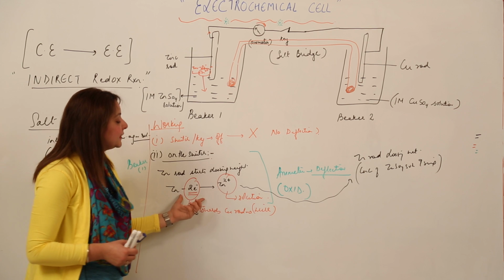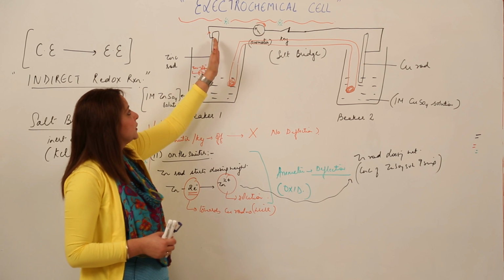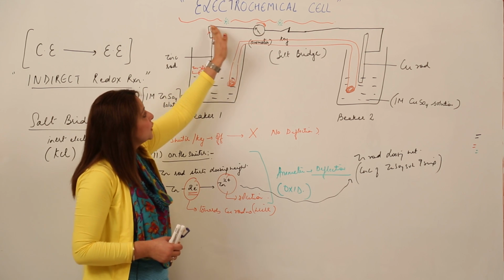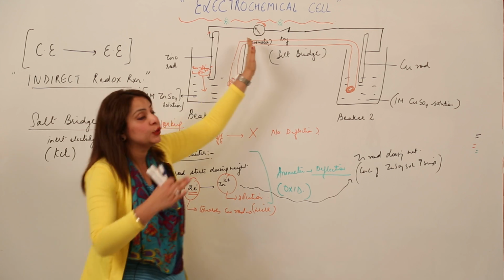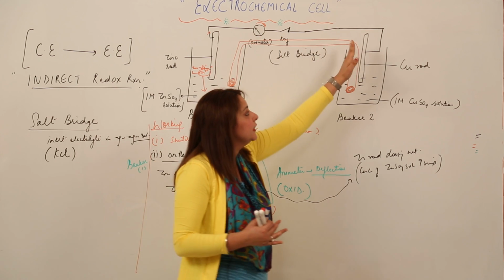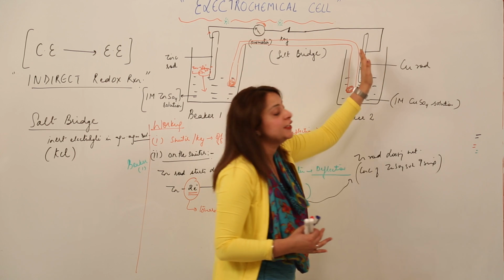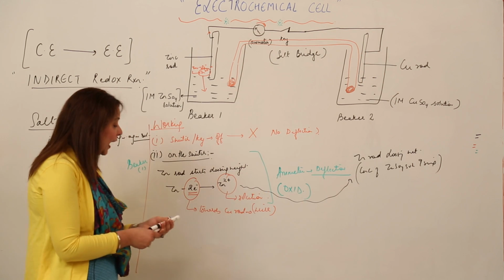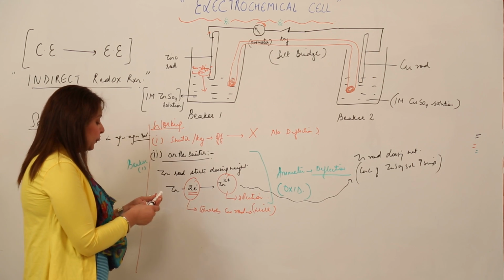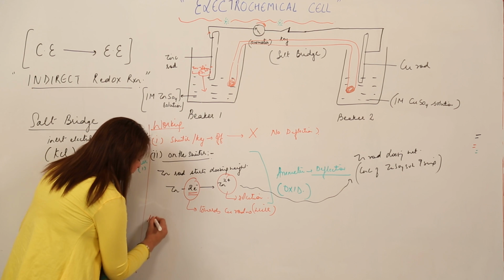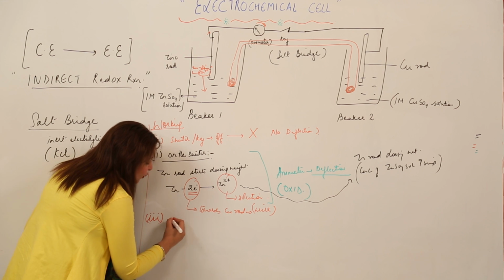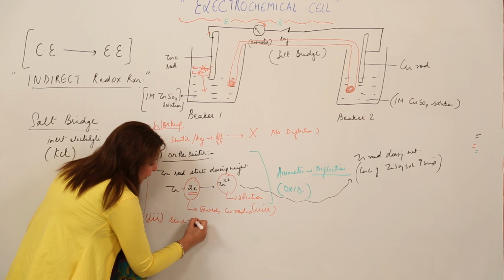And what is the fate of these electrons? They move by means of this wire, and when they move they show the deflection in the ammeter, and they reach the copper rod. Now what happens when they reach the copper rod, or beaker 2?